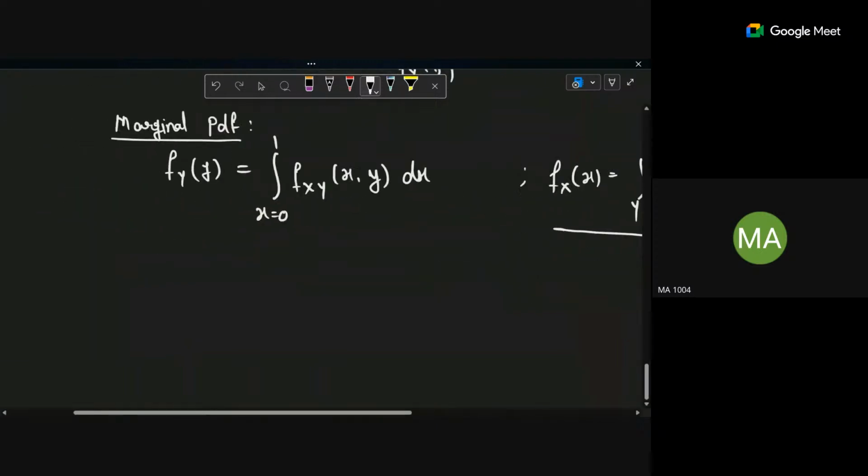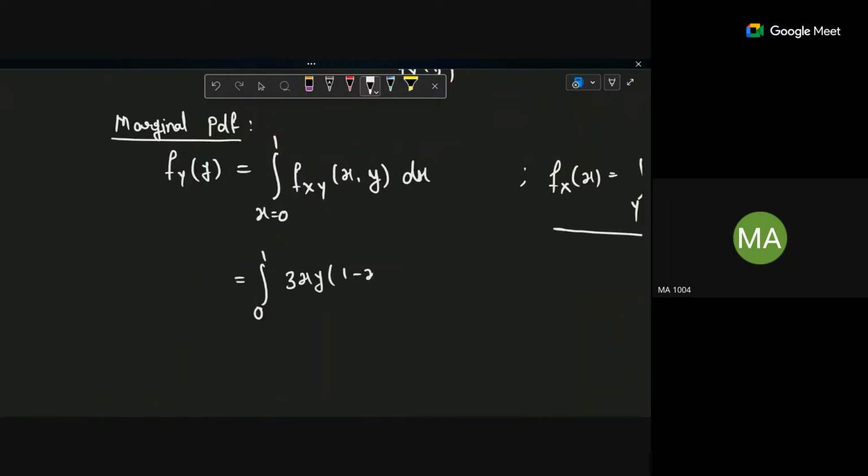So in this particular case, what do you get when you integrate it? 3xy(1 minus x). We will put y equal to half. First just calculate in general, then you can put it in at the end.